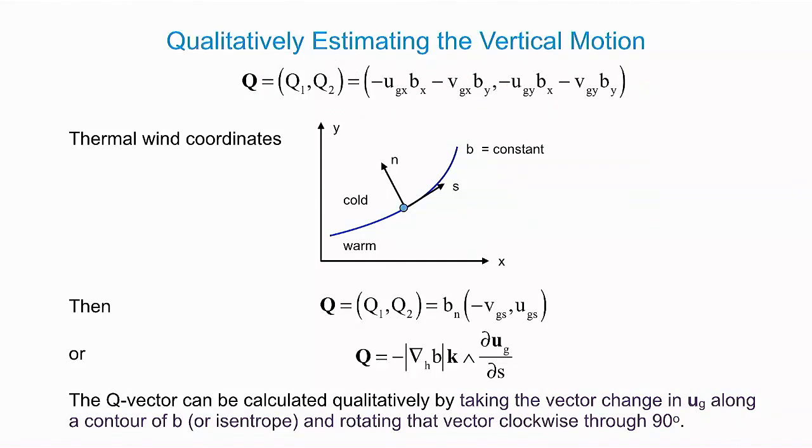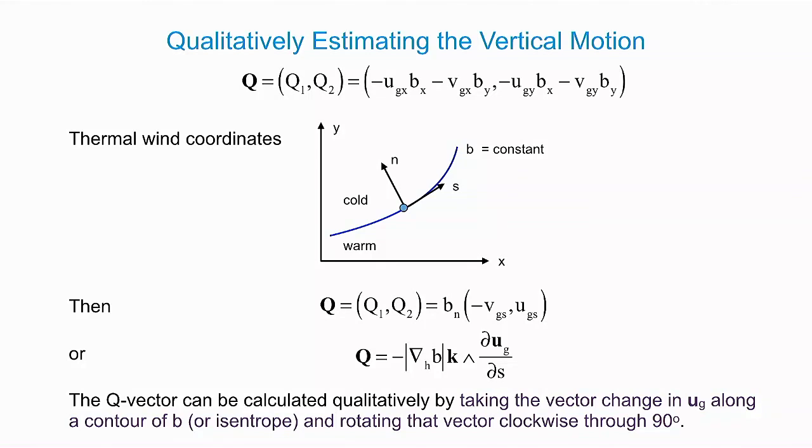But let's change our coordinate. Let's rotate our coordinate system. x can be any direction we like, and y has just got to be orthogonal to it. So let's at each point rotate our coordinate system. Let's say that was x, and let's say that was y. But now let's align x with the buoyancy, with the isentrope.